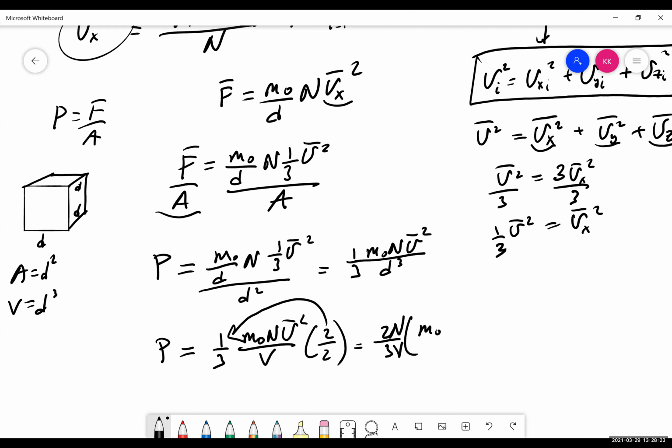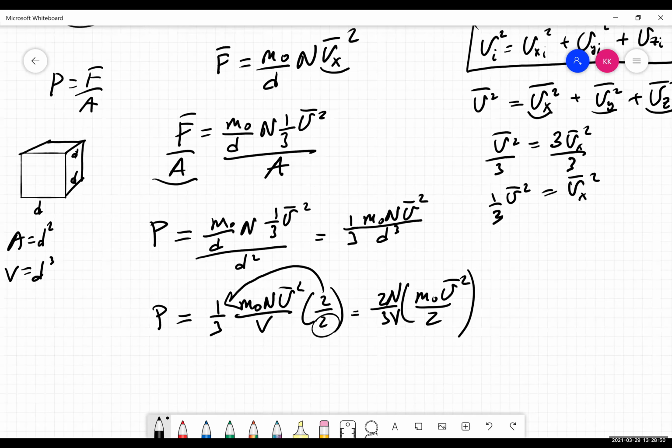But here what I have is mass times average velocity square. Then the second 2 goes here, becomes like that. Because if I rearrange it like this, you can already see what I have over there. It's basically mass times velocity square over 2, or 1/2 mv square. Hopefully you guys remember what 1/2 mv square is, right? It's basically kinetic energy.